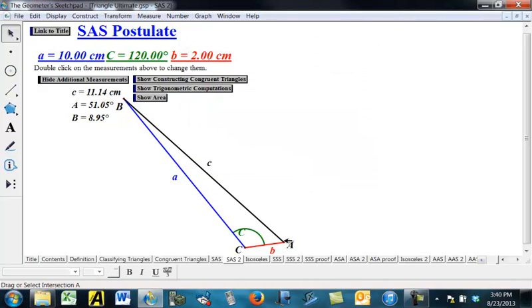So the 51 degrees is this angle down here, angle A, and angle B is this one here. Okay, angle C is the 120 degrees. It is calculated correctly. It's just not labeled correctly.